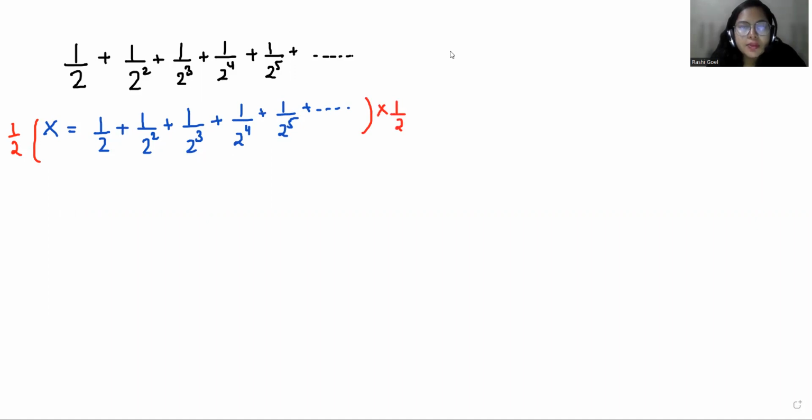So it becomes x times 1/2 is x/2, equal to 1/2 times 1/2 is 1/2² + 1/2³ + 1/2⁴ + 1/2⁵ + 1/2⁶ and so on.